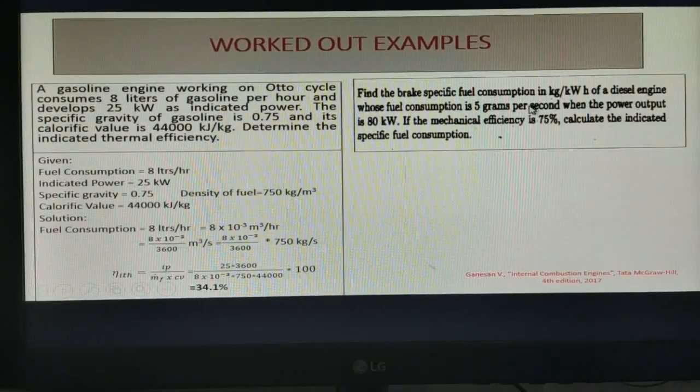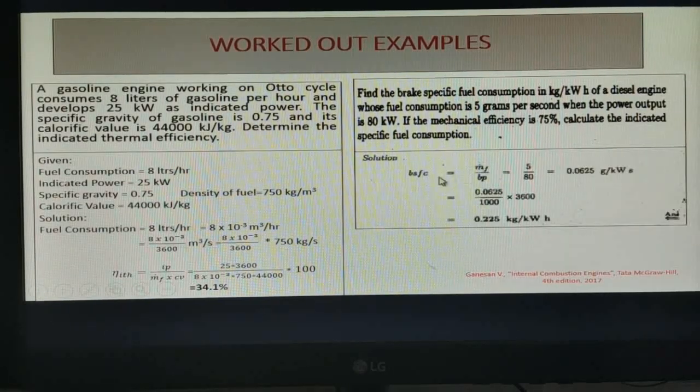Brake specific fuel consumption we have to calculate in kg per kilowatt hour, but the fuel consumption is given as 5 grams per second when the power output is 80 kilowatt. That is, we have to convert this 5 grams per second into kg per hour. Brake specific fuel consumption is m dot f divided by brake power, that is 5 upon 80.